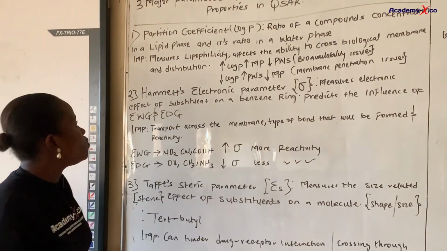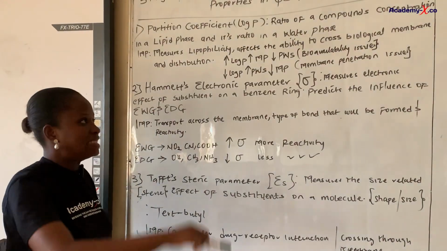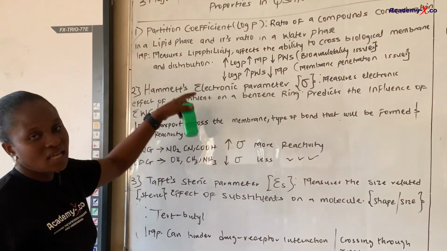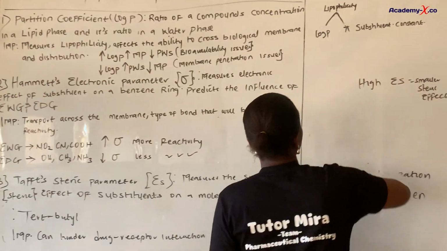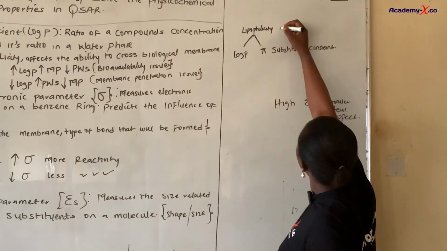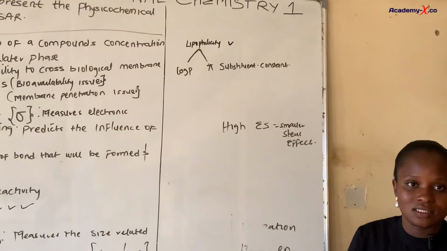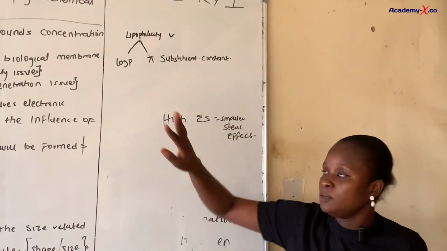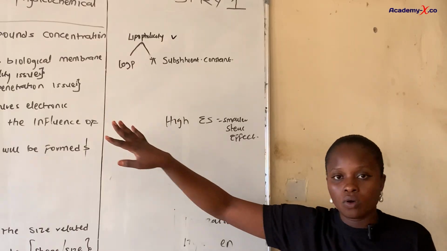Before we go into what partition coefficient is, it is actually a parameter that describes lipophilicity. And I believe we know what lipophilicity is. We have two major parameters that describe the lipophilicity of a compound or a lead compound.